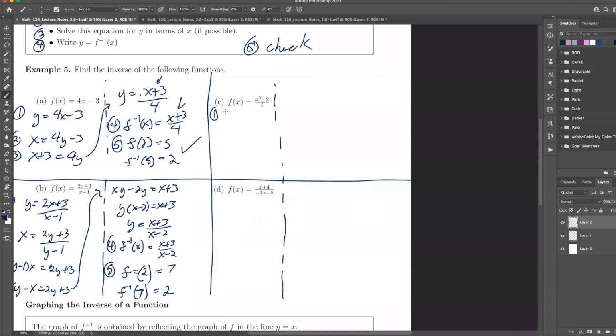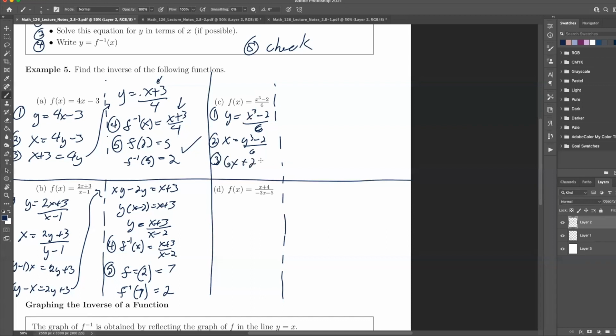All right, so let's do this one. Let's do step 1 again. So here we'll have y equals x cubed minus 2 over 6. Step 2, we're going to swap the x's and y's. So here it's x equals y cubed minus 2 over 6. Step 3, we're going to start moving stuff over. So I multiply by the 6, so I'll have 6x.